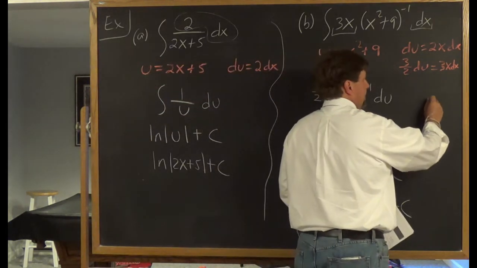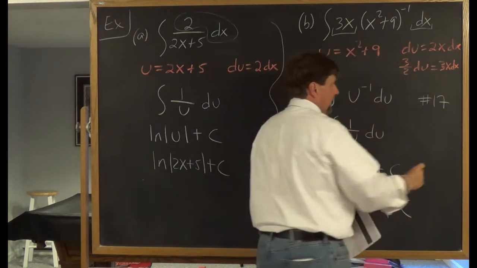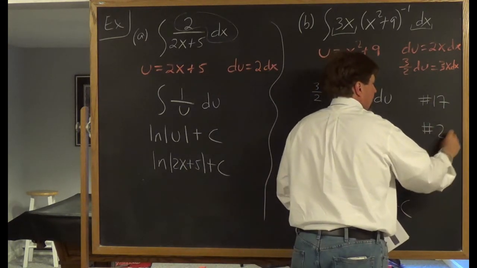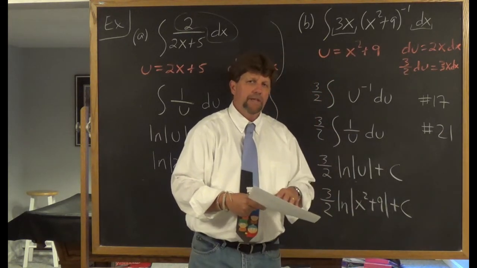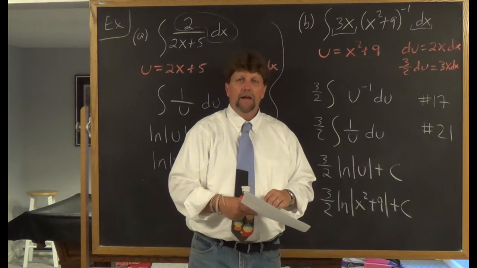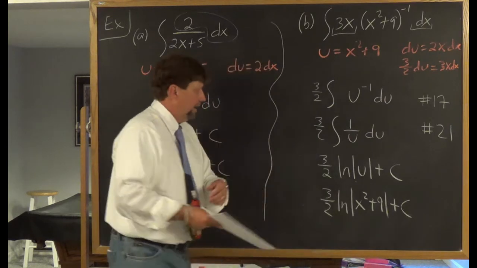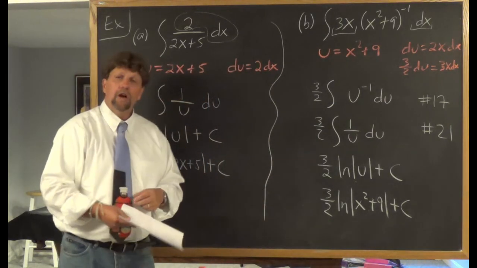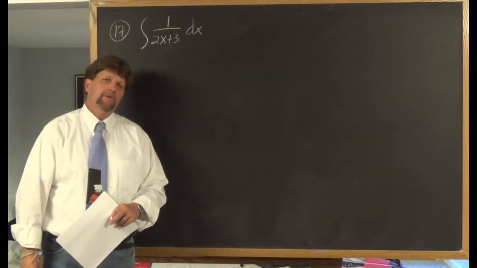Why don't you pause the video and try number 17 and also try number 21. So go ahead, pause the video, go into the text, try number 17 and number 21, and then once you've done them, restart the video, and I'm going to be right back here at the chalkboard working through number 17 and 21.